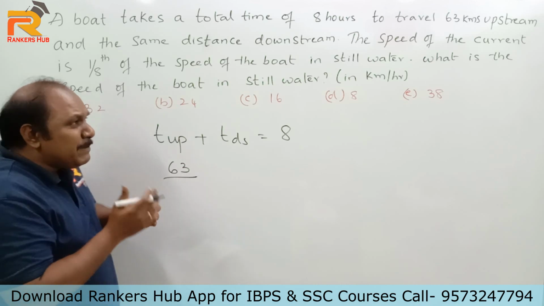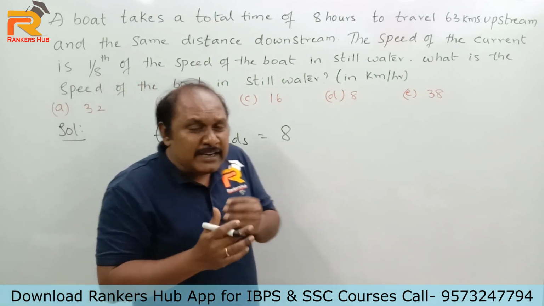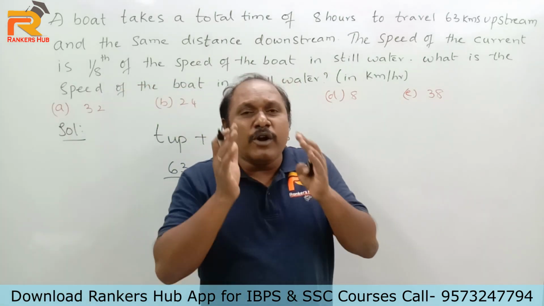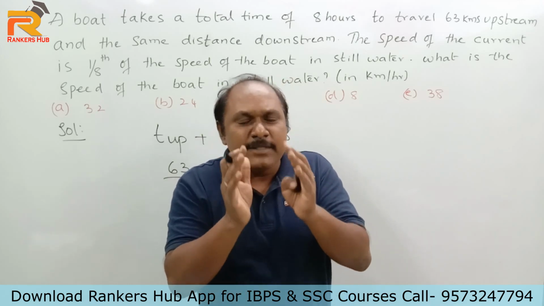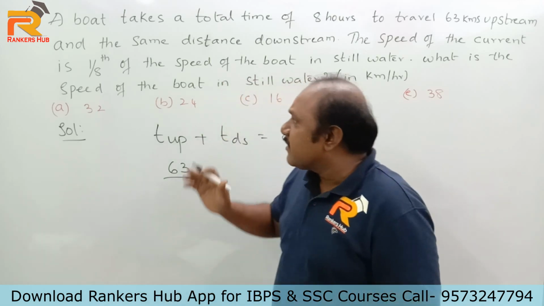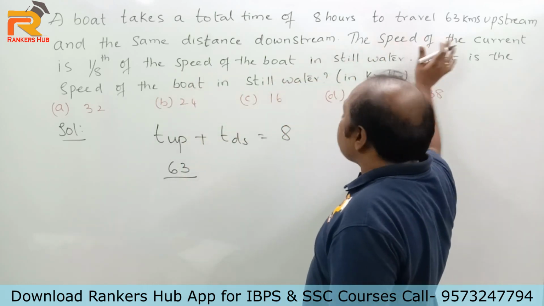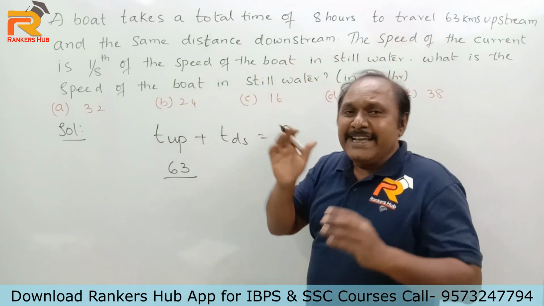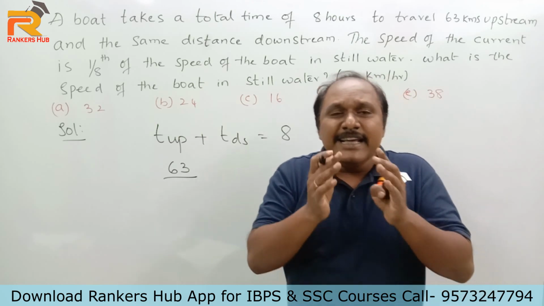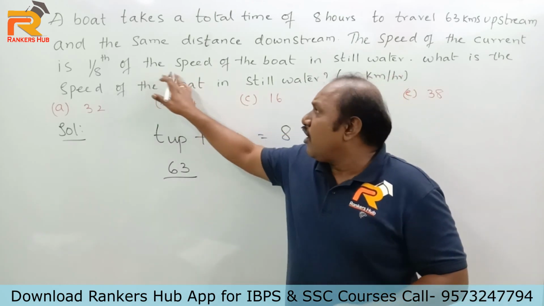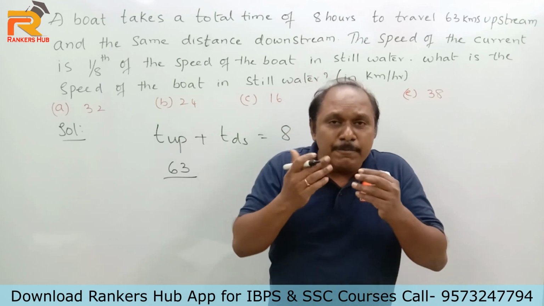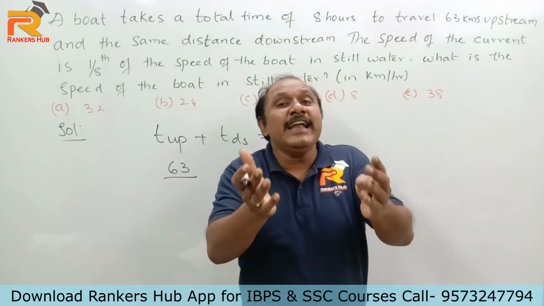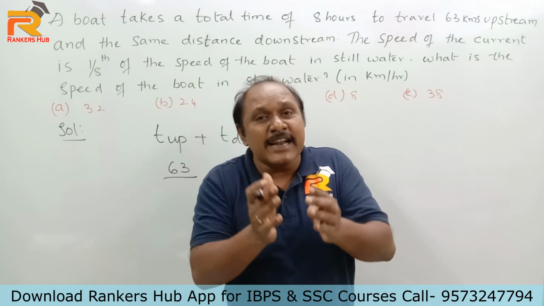Now what will be the speed upstream? To find the speed upstream, we must know the speed of the boat in still water and the speed of the stream, that is the current. Here he has given a relation between the speed of the current and the speed of the boat. He is saying that the speed of the current is 1/8 of the speed of the boat, or vice versa, the speed of the boat should be 8 times the speed of the current.